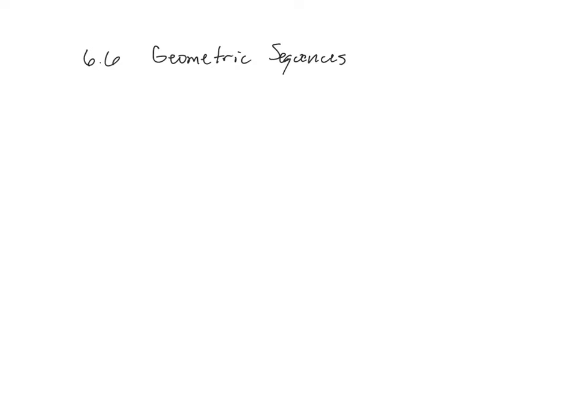So the first thing we're going to have to do is find the common difference. You might remember that back in, I think it was chapter 4. How do we get from one number to the next?